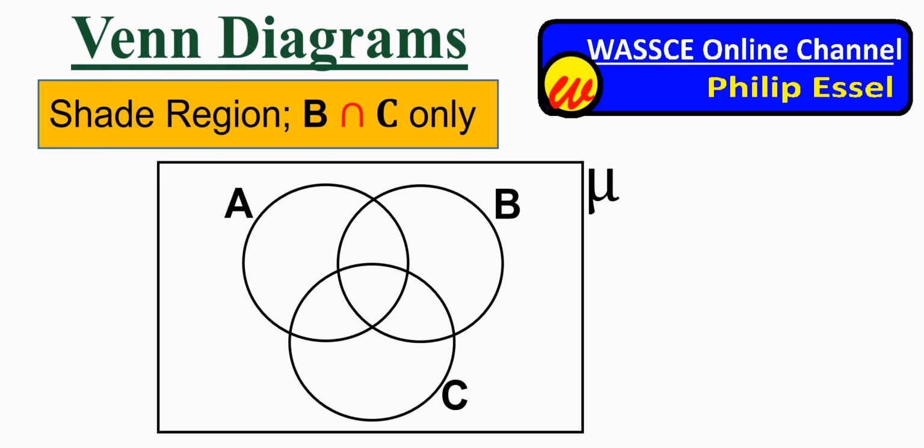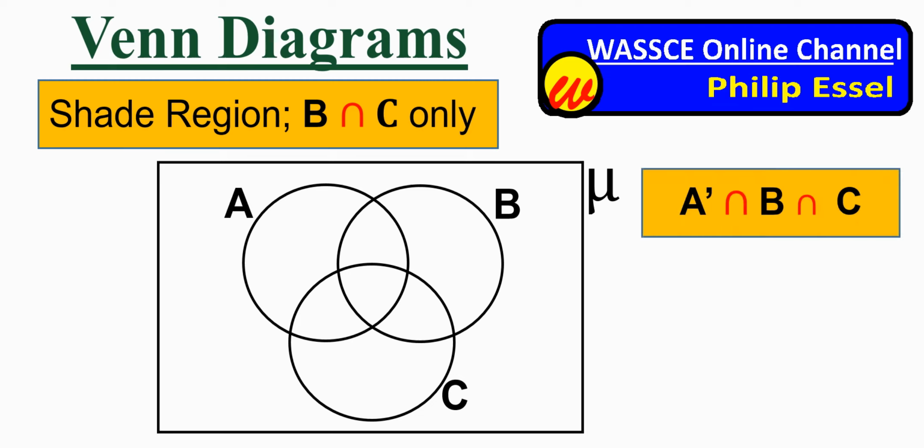Let's also remember that B intersection C only is the same as B intersection C without A. This can be represented by A complement intersection B intersection C. Remember, A complement means without A. This is the region representing B intersection C only, or A complement intersection B intersection C.